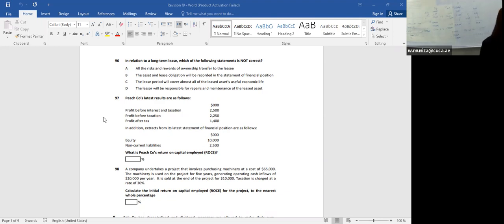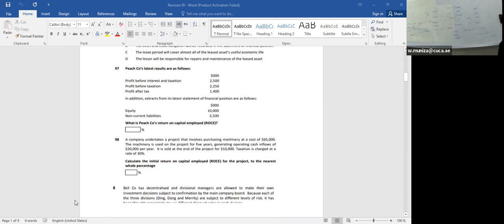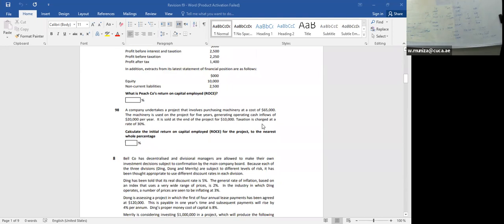Okay, now question number 98, Angelika. Calculate the initial return on capital employed for the project to the nearest whole percentage. Now, you are required to calculate return on capital employed, but it's an initial return on capital employed. Let's read the scenario.